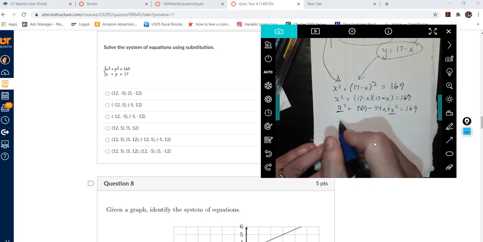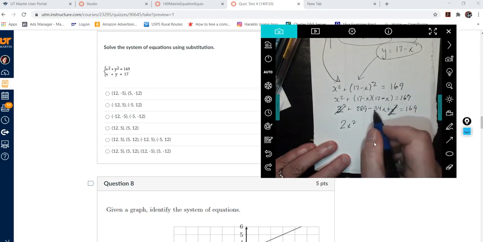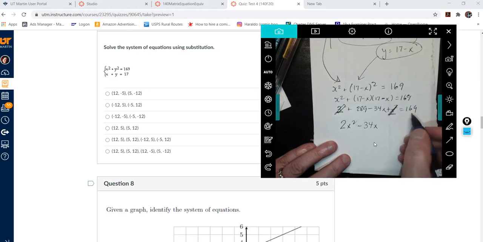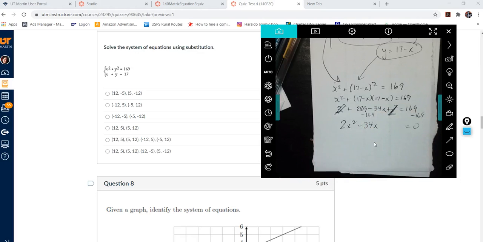So here I'm going to have 2x squared minus 34x, and then plus 289 minus 169. So if I subtract 169 from both sides, 289 minus 169 is 120.